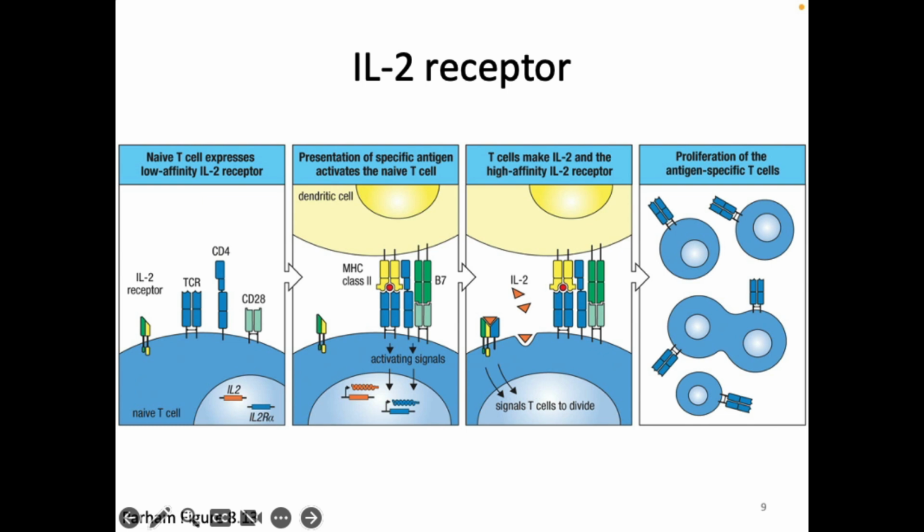But it's not going to be super specific. And so really the reason why we're getting this division is because we've gotten the signal 1, signal 2 that we're going to talk about, and the IL-2. In theory, if you got just IL-2, you wouldn't do as much dividing, but that's a whole other argument for a whole other time.